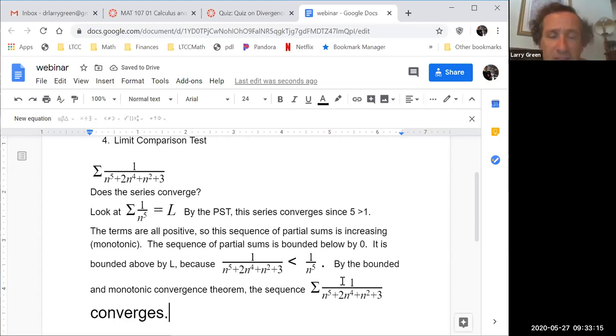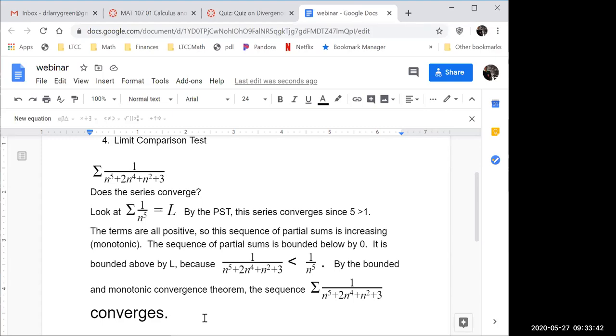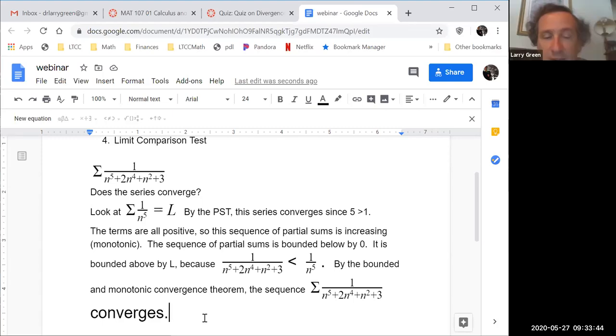Any questions on how I was able to come up with this really messy sequence converging by pairing it with a very nice sequence? That's what today is all about. We're going to compare one sequence to another sequence to see if it converges or not. Is that clear? Any questions?